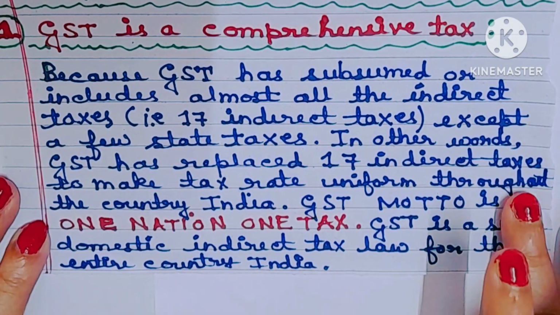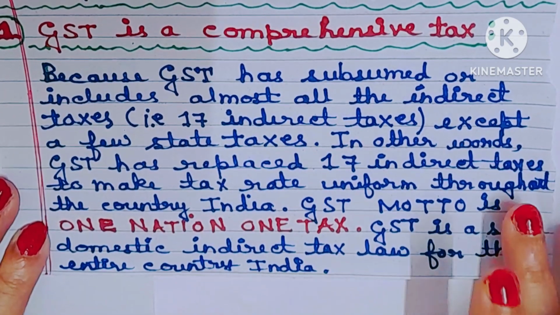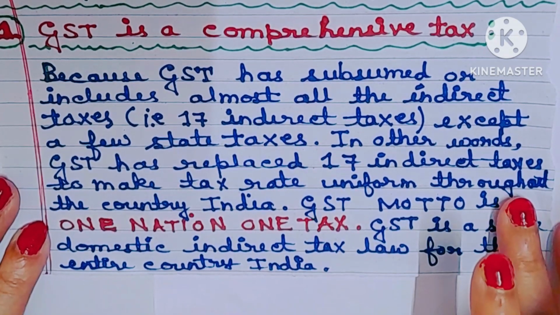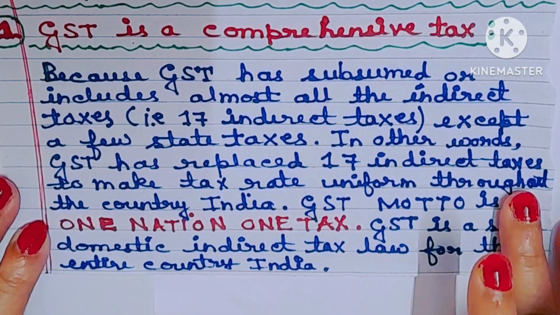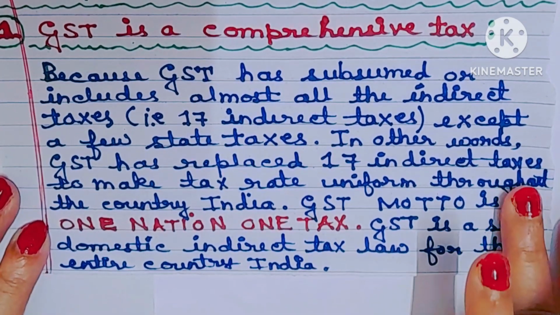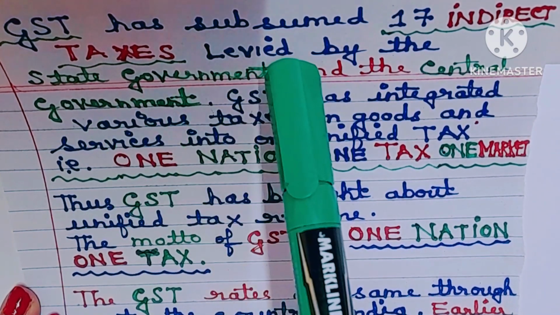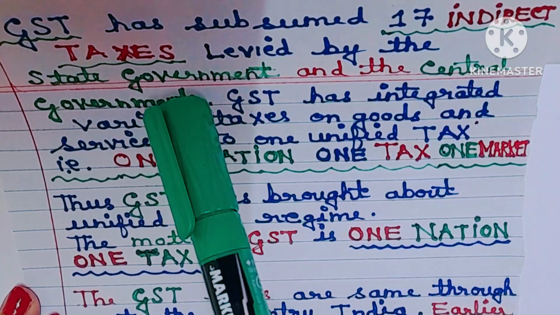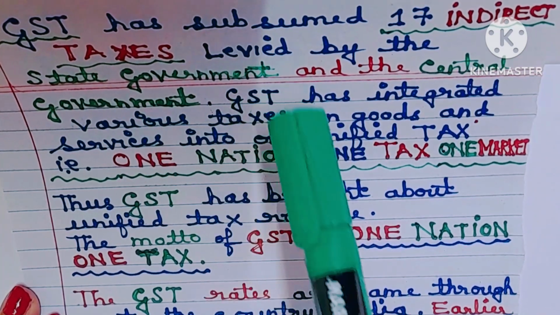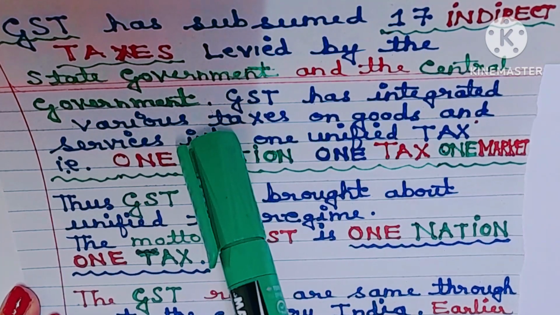That means 17 indirect taxes have been merged into one single tax, that is GST or Goods and Services Tax. As I have told you before, GST has subsumed almost 17 indirect taxes levied or imposed by the state government and the central government.